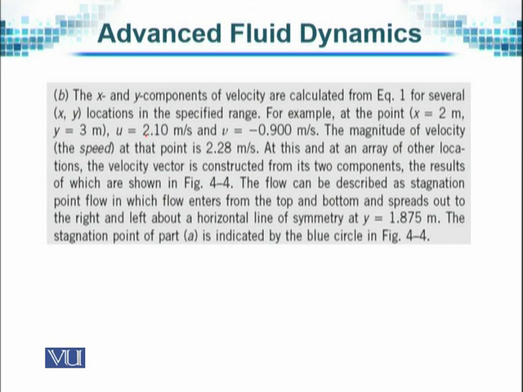Of course, we have to take a large number of points, not 1 or 2 or 3; we need quite a few of them. For example, at x equal to 2 meters, y will be 3. This gives us one point, and at that place the velocity u can be calculated. Similarly, several such points can be collected and then plotted.